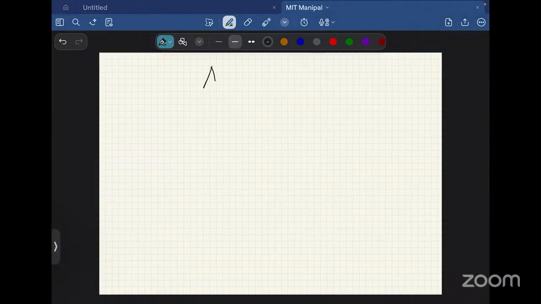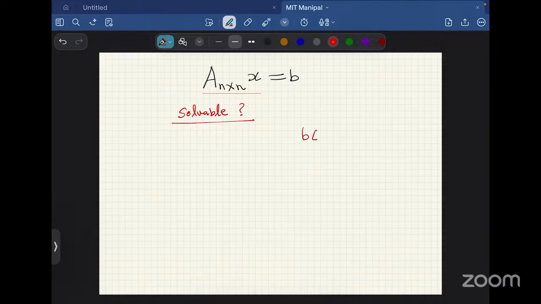Suppose we have a system of linear equations. Let me take Ax = b, where A is a square matrix. Is this system solvable or not? When we consider the range space of A, if it is full, then for every element b the system is solvable.